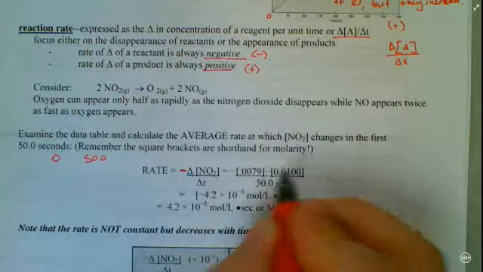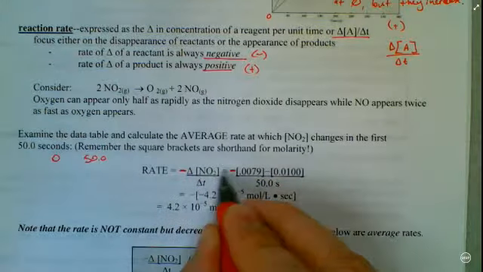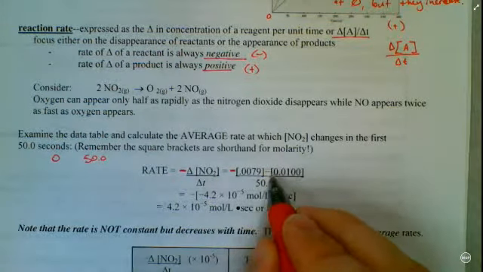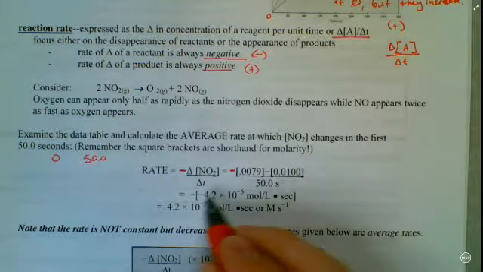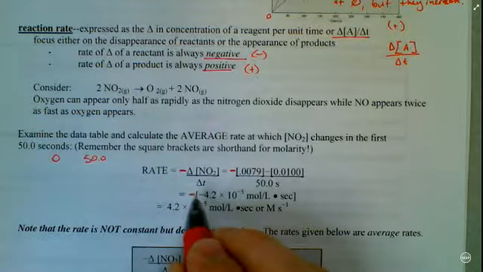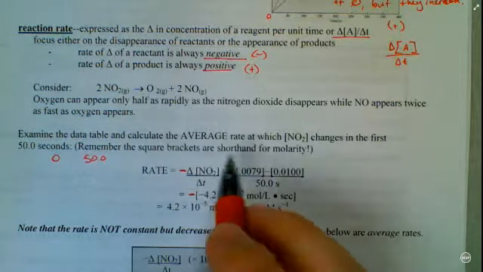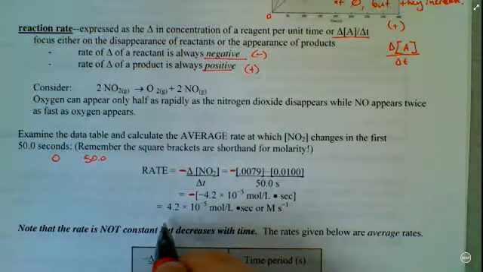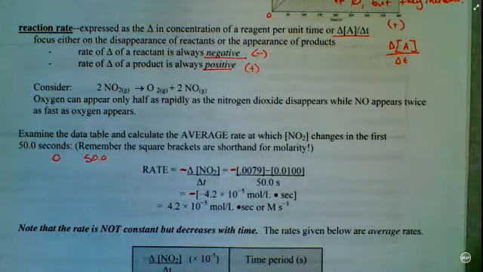Now, I do have this same minus sign. I want to have a negative number here, so I'm going to subtract the larger concentration. That's the same minus sign I get from reactant disappearance, and it's going to cancel out with this minus sign, giving me a positive overall rate. You see how that works?